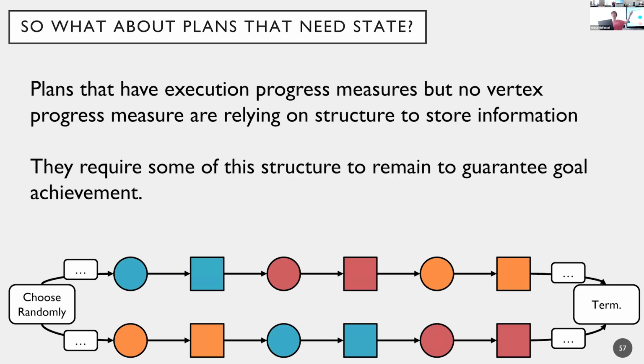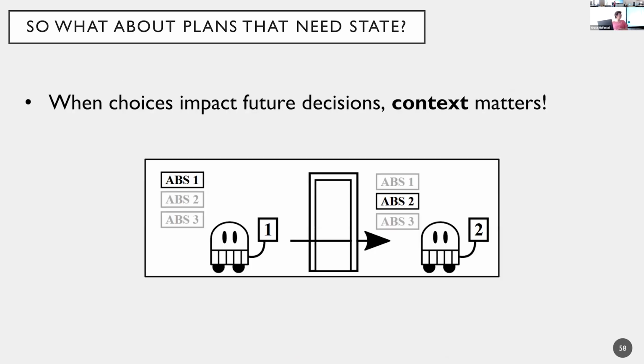And if we want to keep that consistency, we need to keep some of that structure. As we saw, by trying to combine them, everything falls apart. You end up with these other plans that don't do quite what we want. So when choices impact future decisions, context matters. When I say context, I mean what robots are remembering.